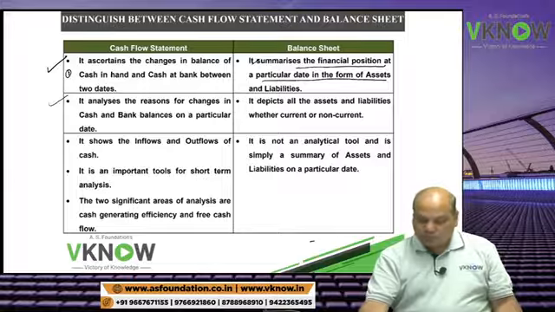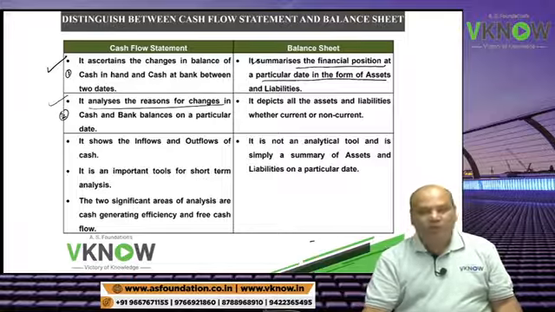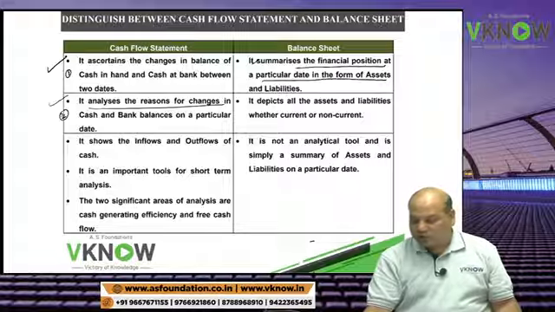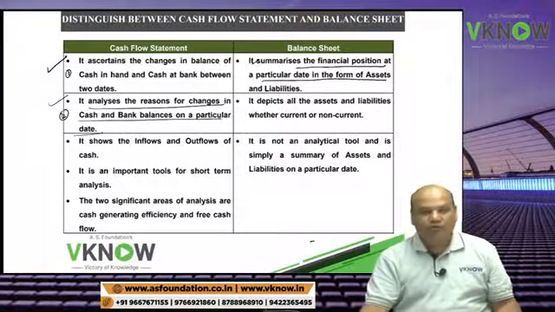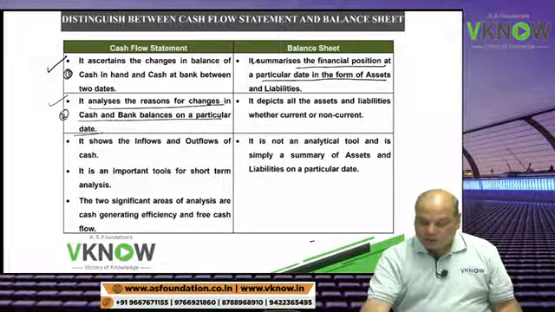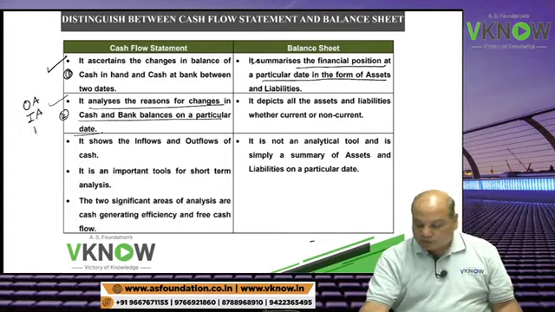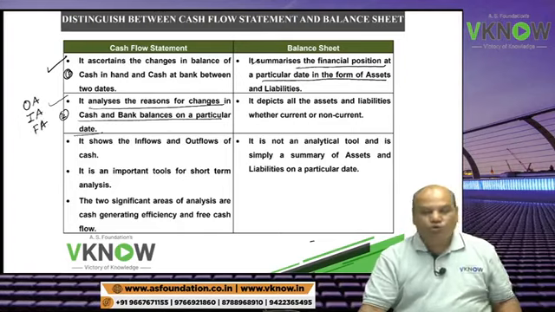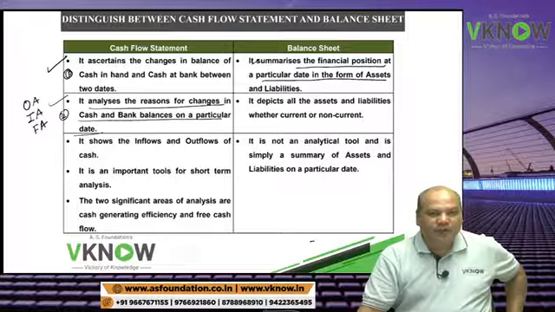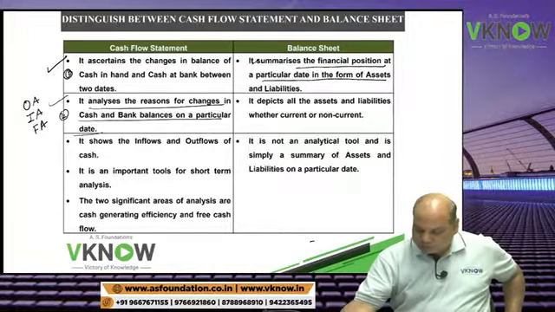Point number 2, an important difference: cash flow statement analyzes the reason for the change in cash balance. First point says it calculates change in cash balance. We also get to know how much cash flow is due to operating activity, investing activity, and financing activity.